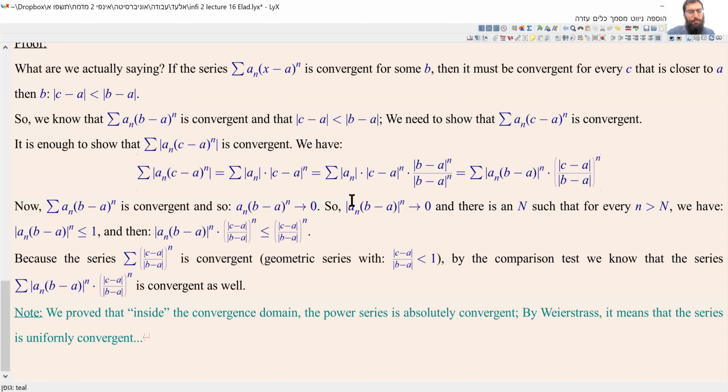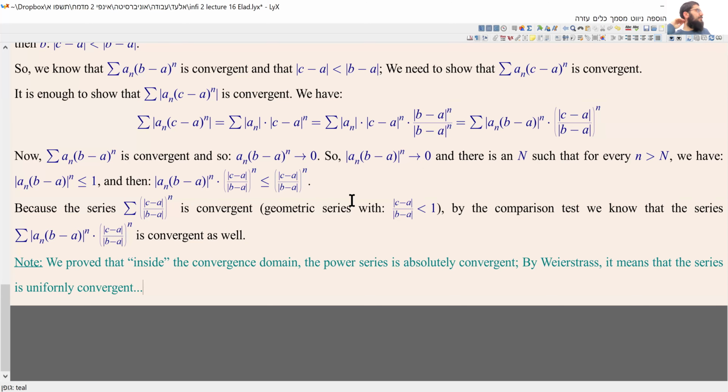Now we talk about the uniform convergence of power series in lecture number 17 next week, but I can already spoil and tell you that, when it comes to power series, because of this effect, all the theorems about integration element by element and derivative element by element are true automatically, because the uniform convergence of power series is basically always true.